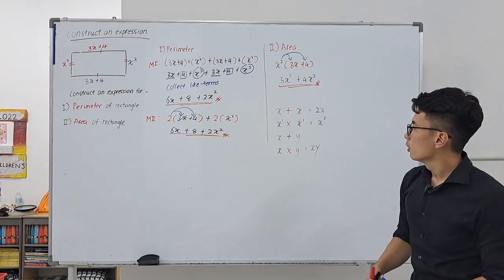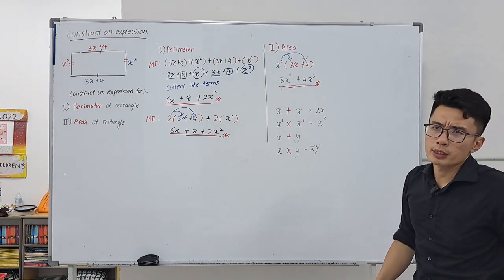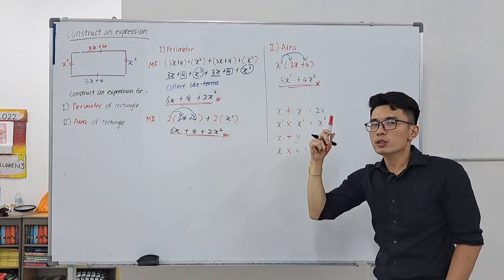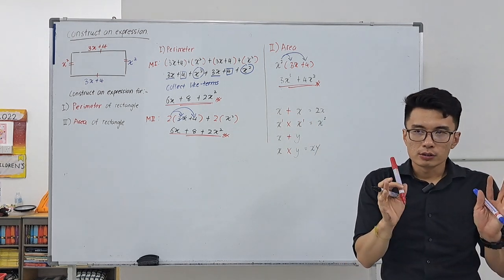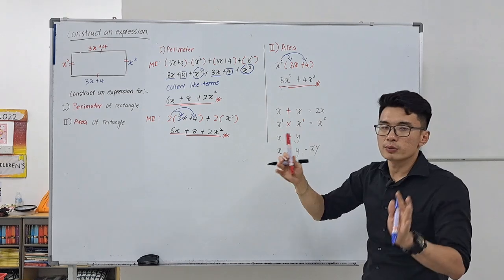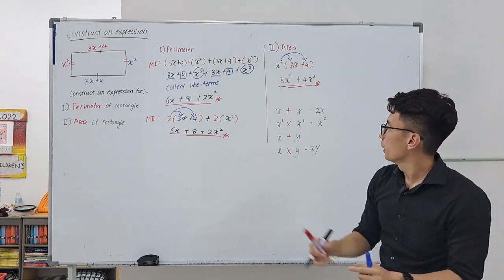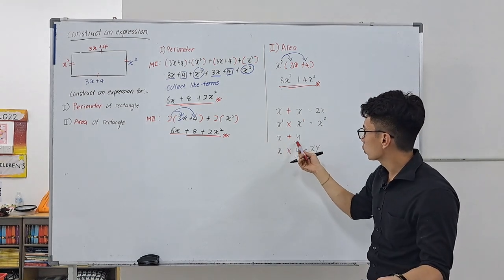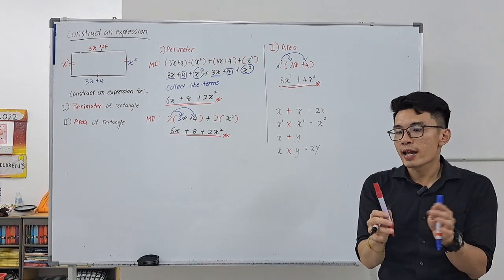So as a conclusion, what can I tell you over here? When you are adding, you can only add from the same family. So x and x are from the same family, you can add them together. x plus y are not from the same family, so you can't add them together.